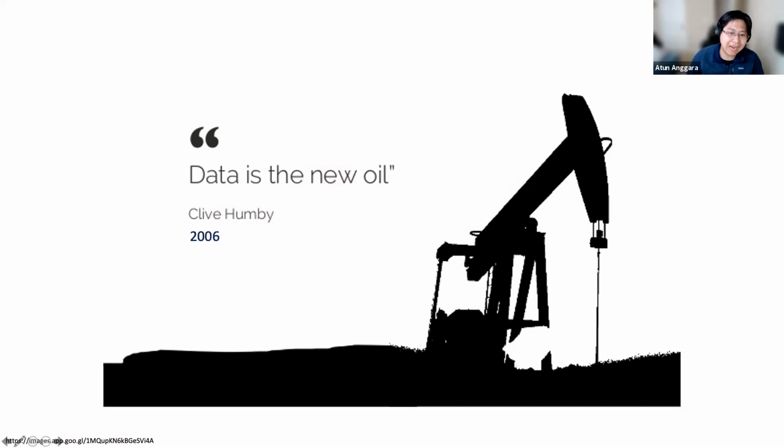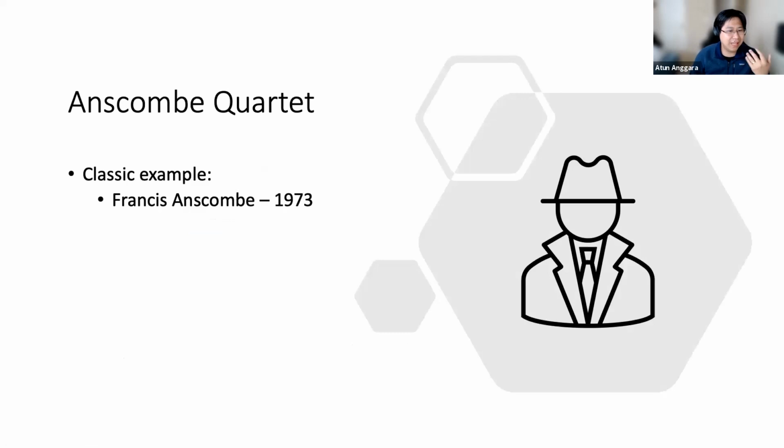It came about 15 years ago, and that has been hyping up in the era of artificial intelligence. But before we dig deep, as kind of like oil, there's this person named Francis Anscombe back in 1973, which is 33 years before 2006. He talks about the importance of visualization.